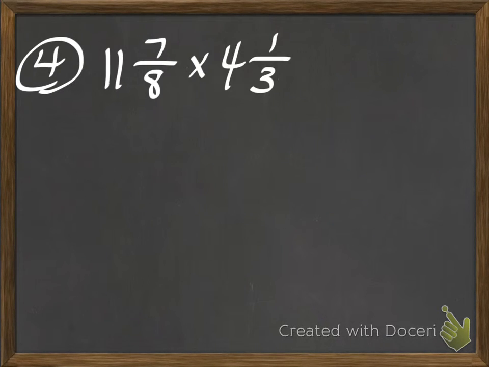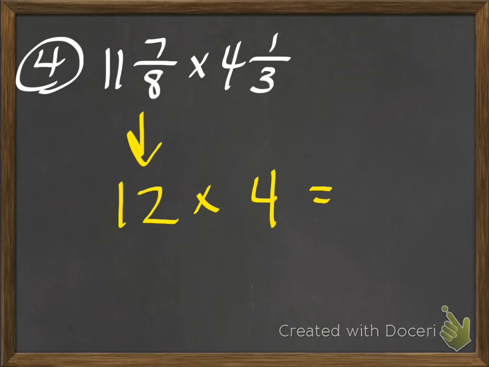Number 4, 11 7/8 times 4 1/3. Estimate that product. Okay, so I changed 11 7/8 to 12 and 4 1/3 to 4 because that's what it would round closest to, a whole number. And then I multiply 12 times 4, and that equals 48.